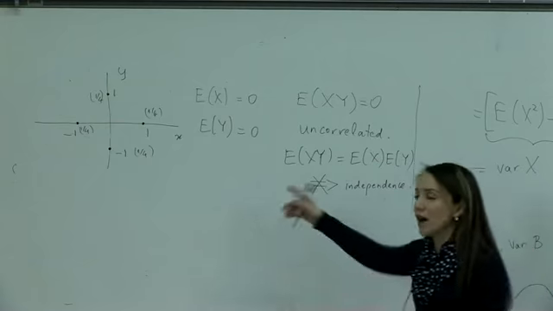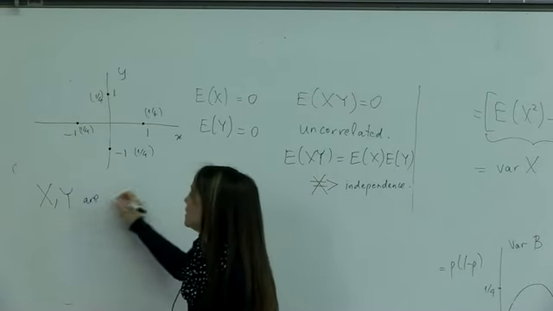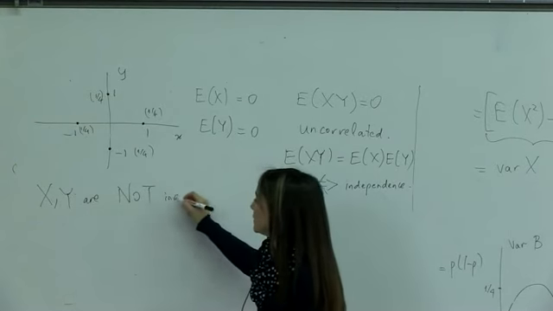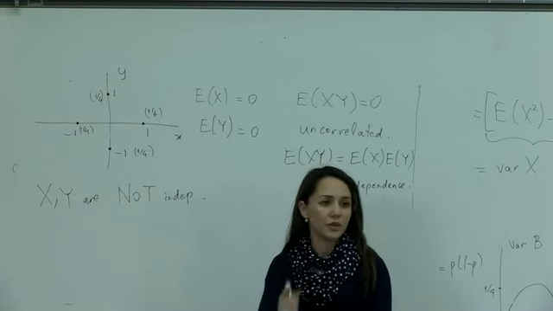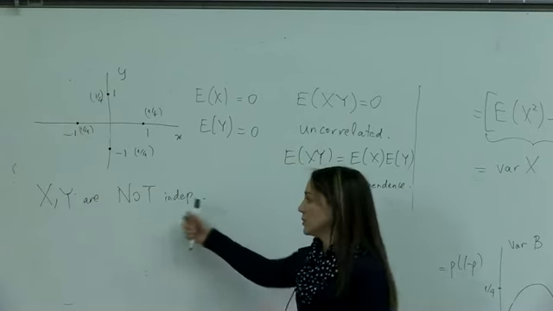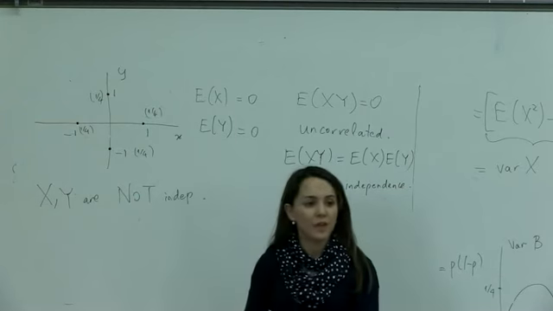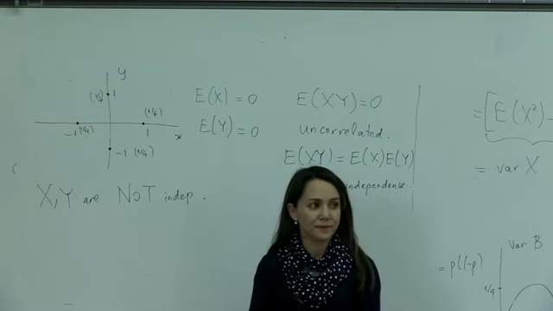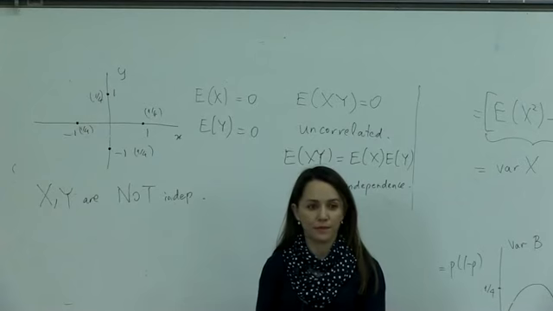Let me explain why these are not independent. X and Y are not independent. You just need one counterexample to show that independence doesn't hold. Look at Y equals 1. When Y is 1, X can only take the value 0.